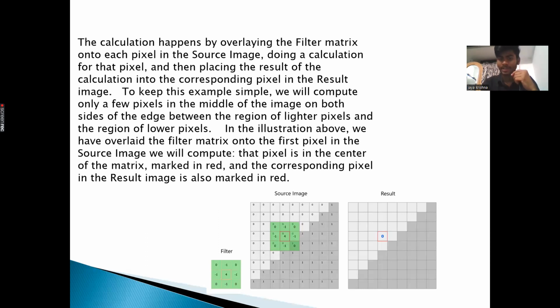The pixel is at the center of the matrix, marked with a red outline, and the corresponding pixel in the result image is also marked in red. So here is an example of a filter matrix.